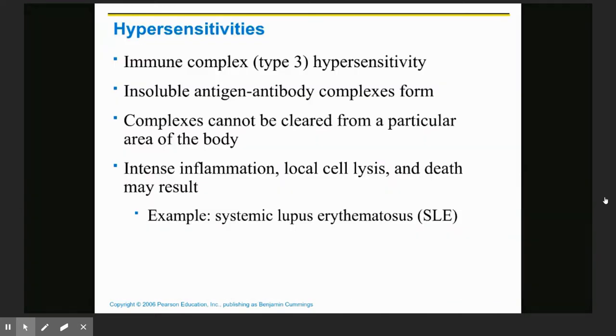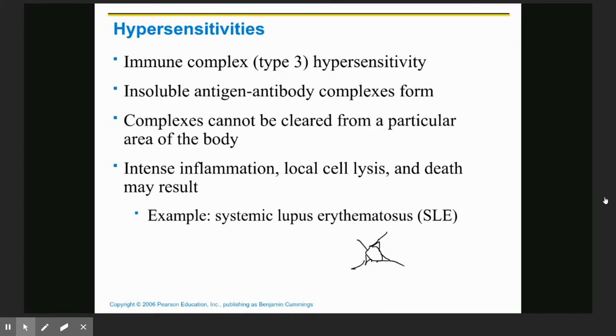Let's look at type 3. Type 3 is called immune complex hypersensitivity. So remember when we talked about the ways that antibodies can get rid of antigens, one of the ways that we said was that they can surround it like this and neutralize it.